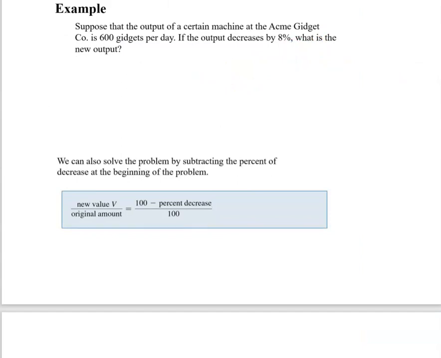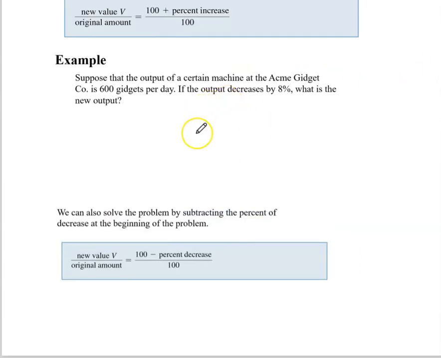So this next problem says, suppose that the output of a certain machine at Acme Gidget Company is 600 gidgets per day. If the output decreases by 8%, what is the new output? So our percent decrease is 8%.